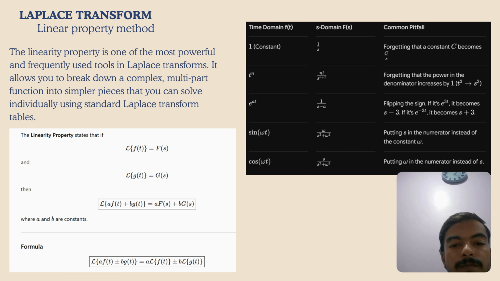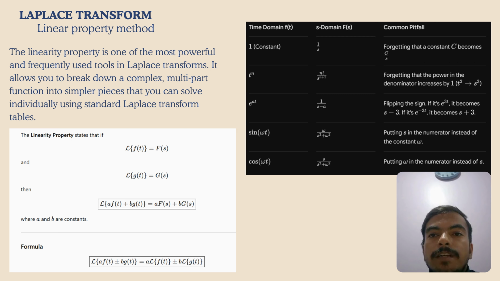As we can see, related to the table given for each question, we must identify the time domain f(t) and the s domain F(s) for the question given. We must see the table and take the proper equation for the question.